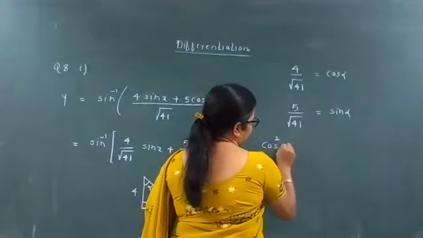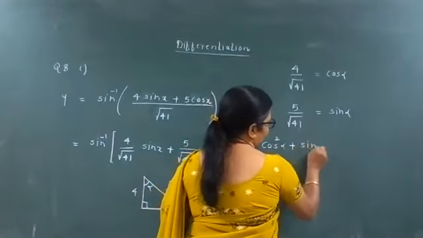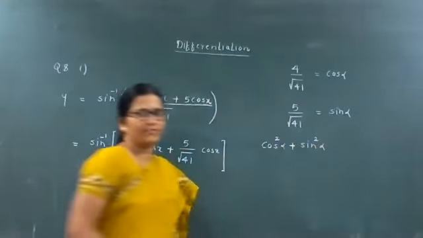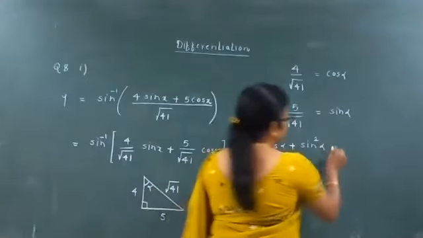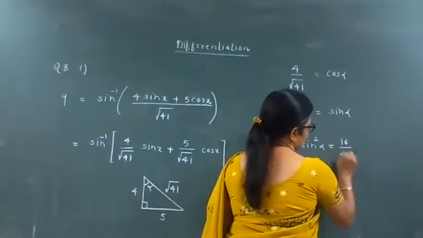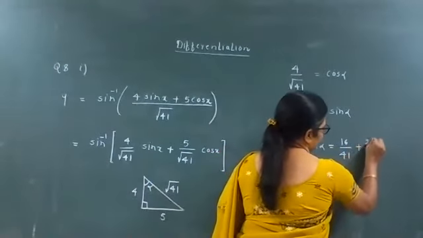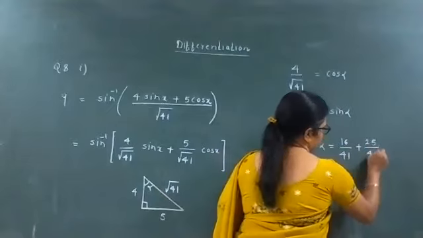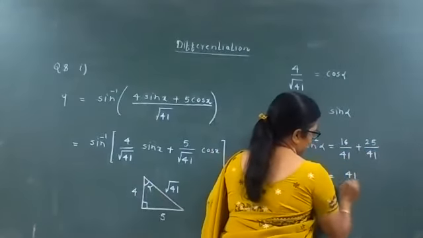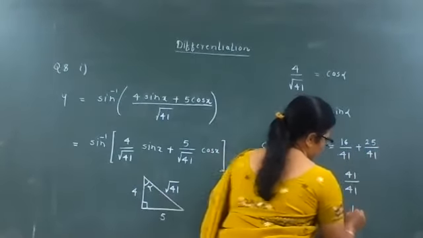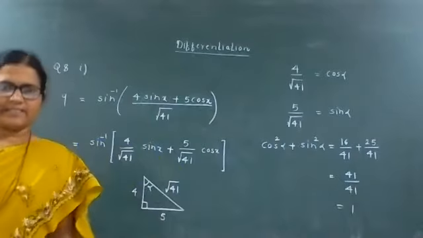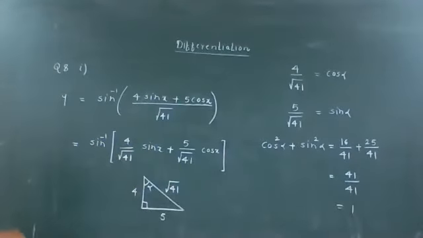Now write this step also. Check what is cos square alpha plus sin square alpha. It is coming 1, so the identity is satisfied by alpha.